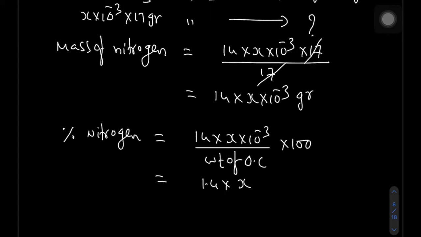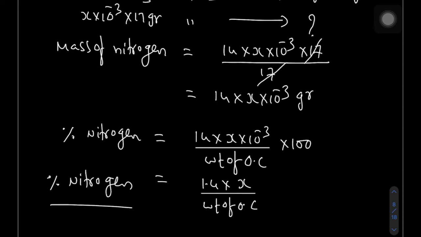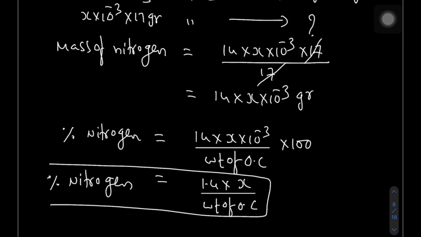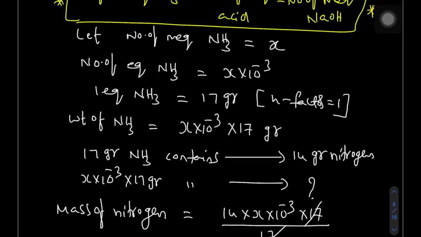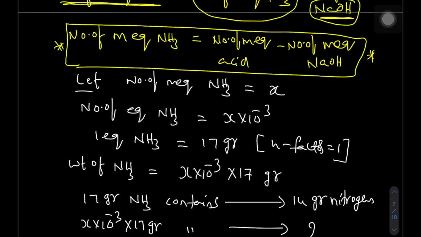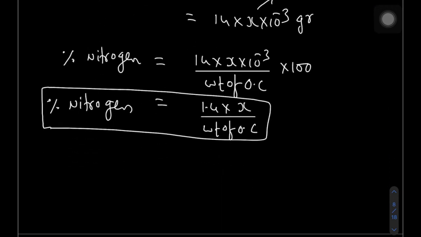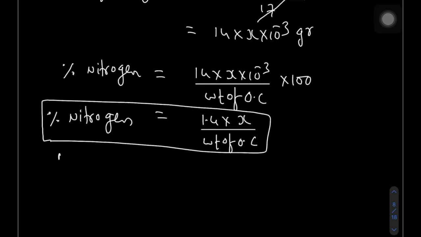So finally what I am writing? 1.4 into x divided by weight of organic compound. This is the percentage of nitrogen. Are you getting my point? What is the x here? Number of milliequivalents of ammonia.